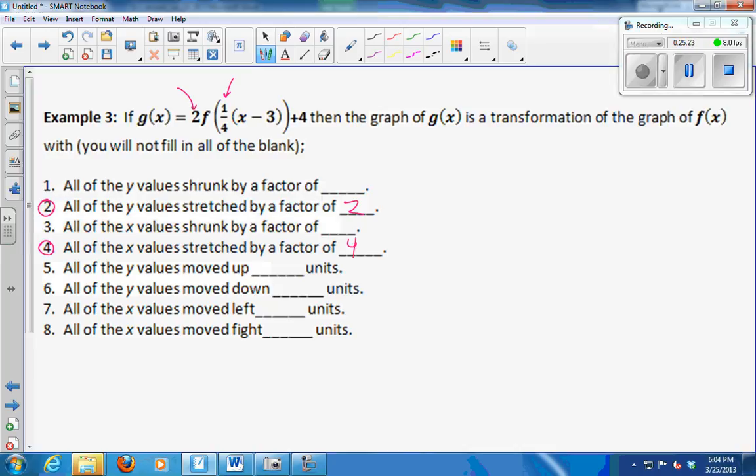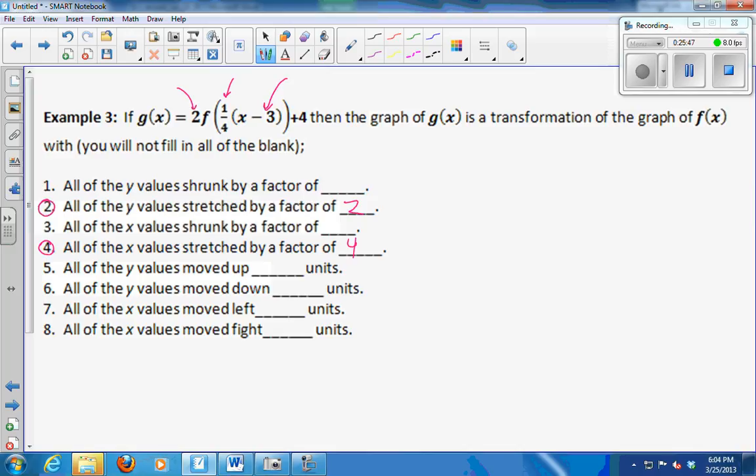All right, then let's look at this -3 on the inside. I did it again. That -3, is it affecting the input or the output? Input. It's inside the parentheses. It's affecting the input, which means we have a horizontal change on our hands. It's subtraction, which means it is a shift.